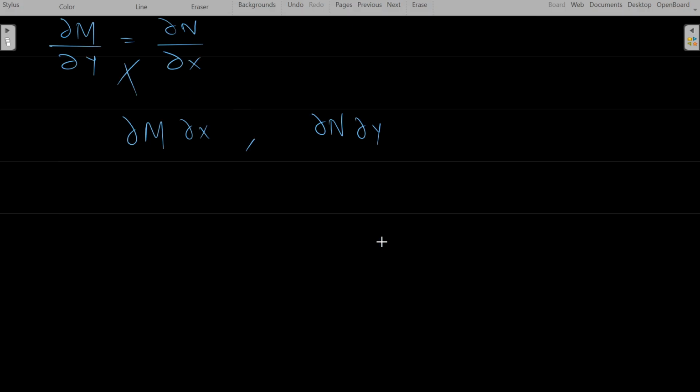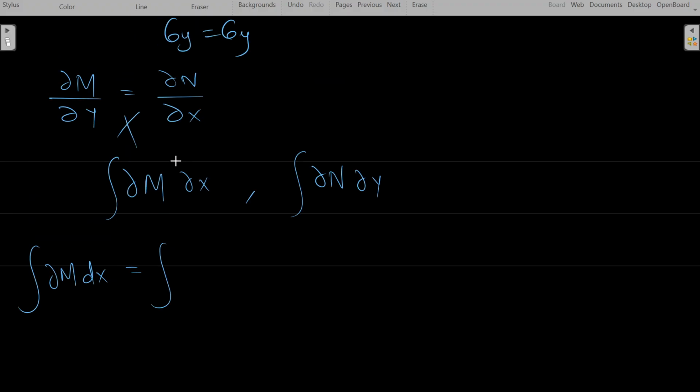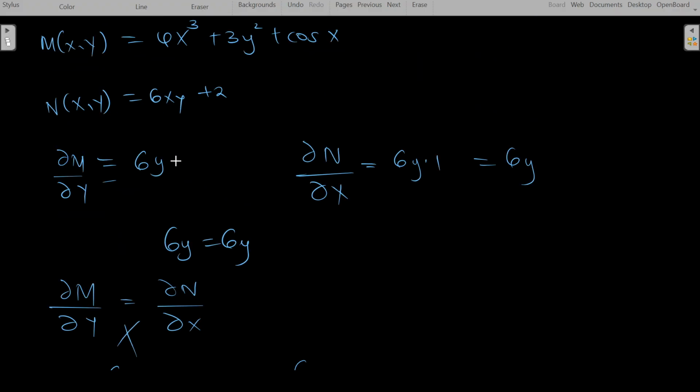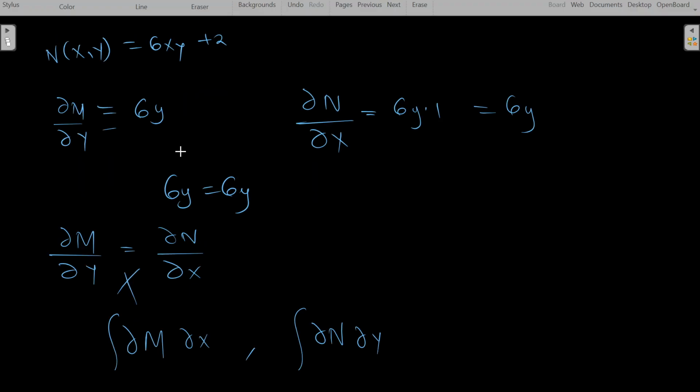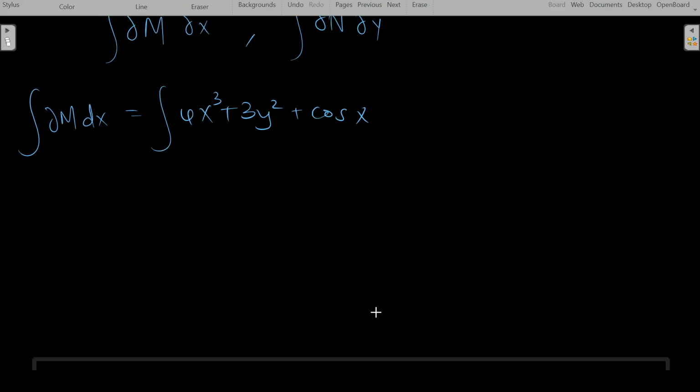Now taking the integral of both sides: take the integral of this and then of this. The integral of M dx is the integral of, now what was our M? Our M was 4x cubed plus 3y squared plus cosine of x, dx.